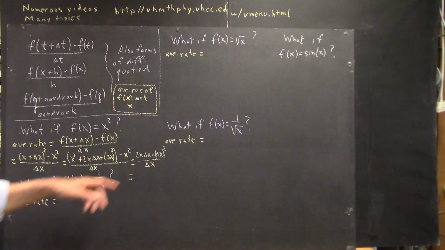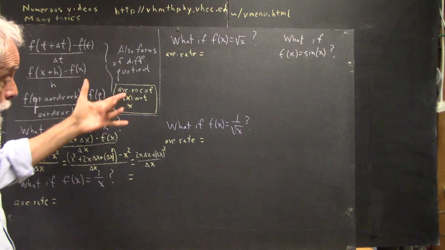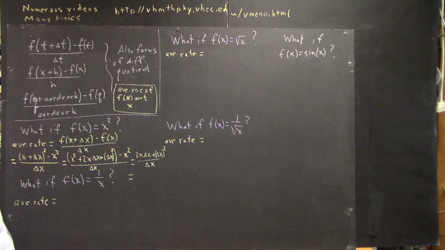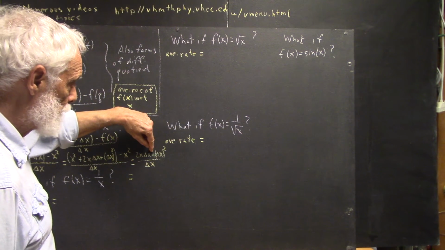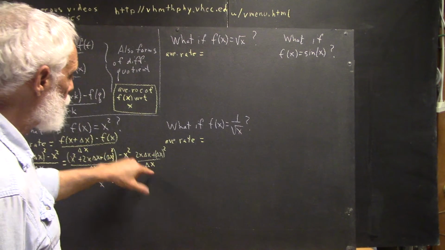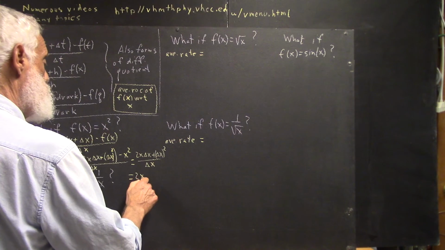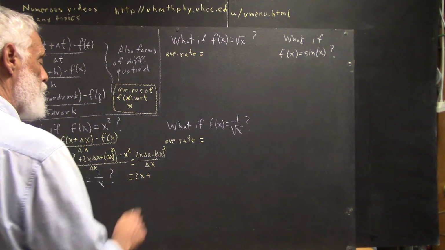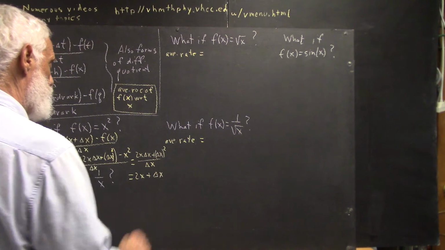And of course now, division by delta x is the same as multiplication by the reciprocal, 1 over delta x. And that multiplication would distribute over the addition sign. So you do 1 over delta x times 2x delta x, which gives you 2x, and delta x squared over delta x, which gives you delta x.